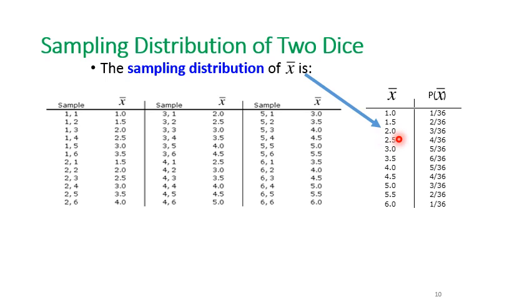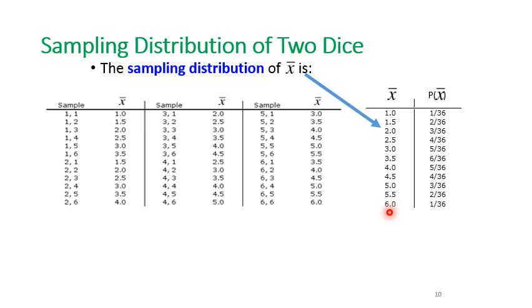because I have 36 possible outcomes. Regarding the value 2, let's return back to this table. This is the value 2 and 2 is repeated here. We have a third one there, so we have a probability equal to 3 over 36, because the number 2 occurred 3 times. We will repeat the same procedure with all the values of x bar up to the last value, which is 6.